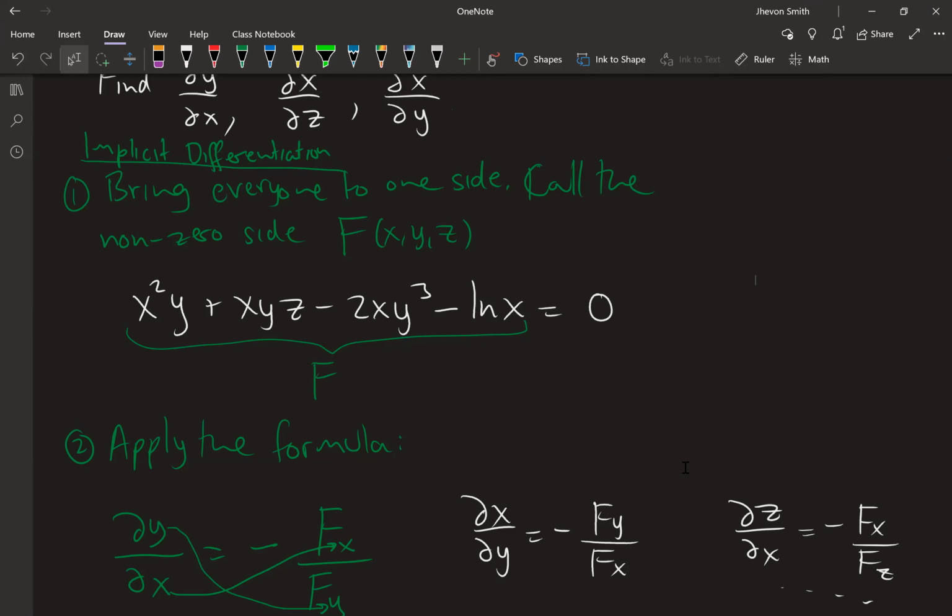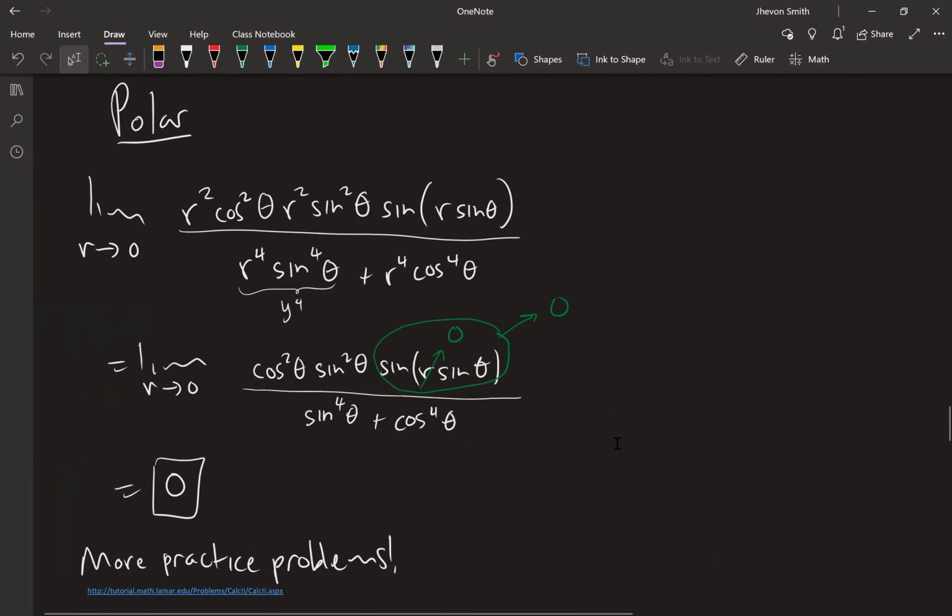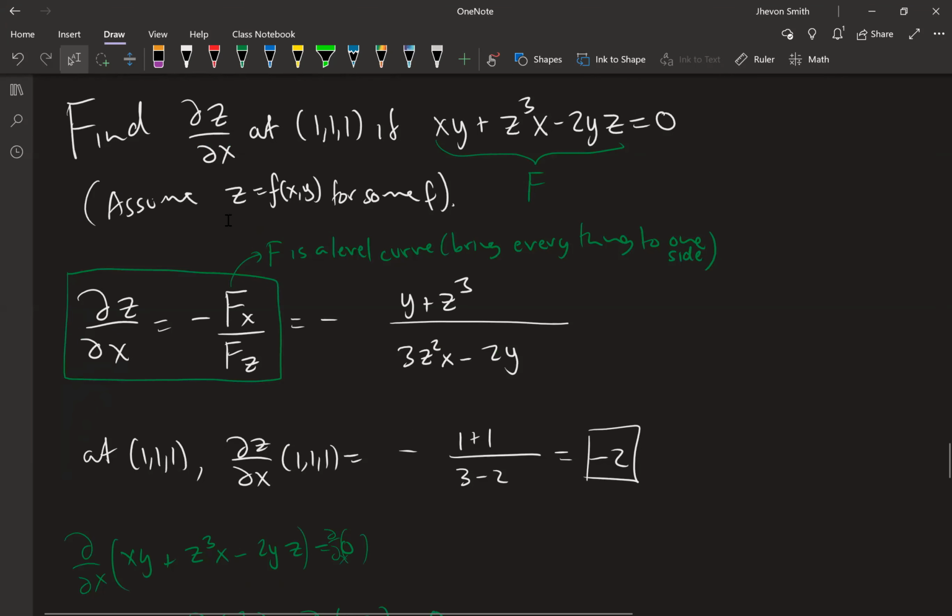Implicit differentiation comes into play when one of your other variables is not considered a constant, but is considered to be a function of one of the variables. So here we have our expression, but we're specifically thinking of z as a function of x and y. Even though I see z here, I cannot think of it as a constant, because really there are x's inside of it that I don't know what they're doing.